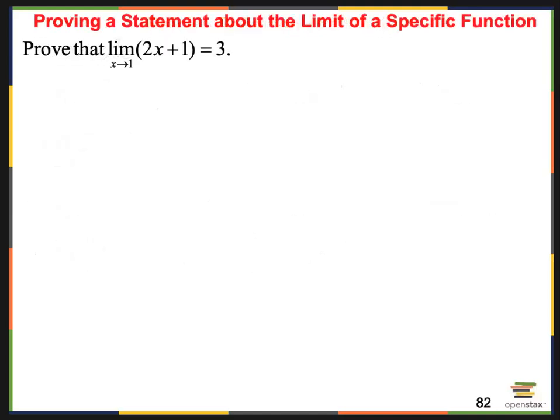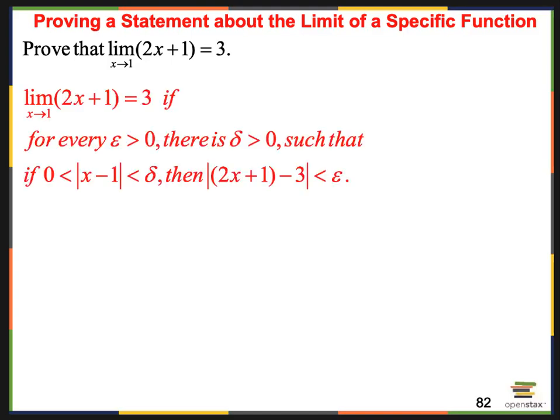Okay. Proving. Now, this isn't a proof class, but I think it's important that you see some of this. It's not something we're going to focus a lot on in this particular calculus class, but I think it's good for you to be aware of it. How do we prove that the limit of 2x plus 1 as x approaches 1 equals 3? Well, let's look at that.